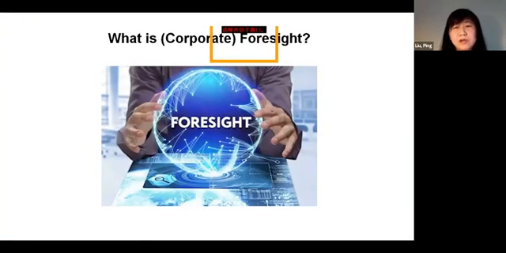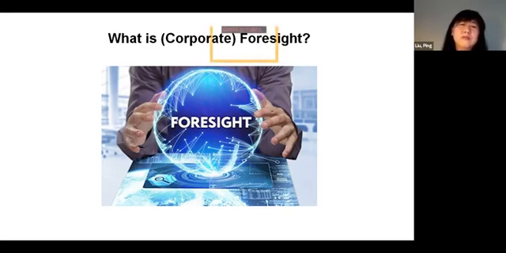Even though we don't have a crystal ball, we have foresight. Foresight is not about predicting the future, it's about the decisions we make and the actions we take today in order to better prepare for the future.